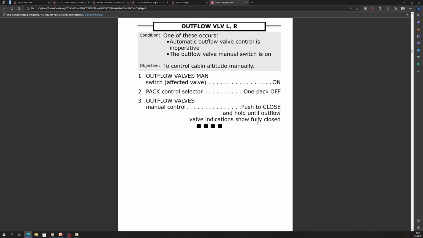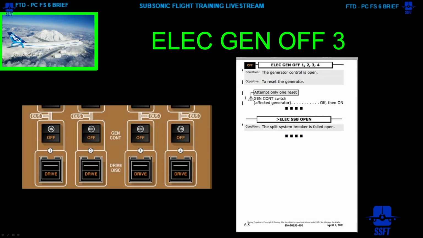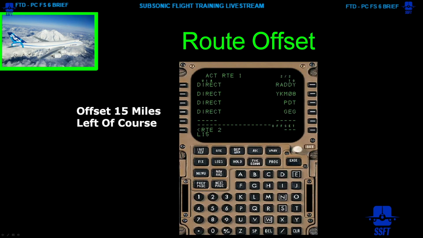So we'll do that procedure for this one right here, for that, the electrical generator off. We'll substitute that with the outflow valve left. Then the next thing that we do is we offset left or right, of course.